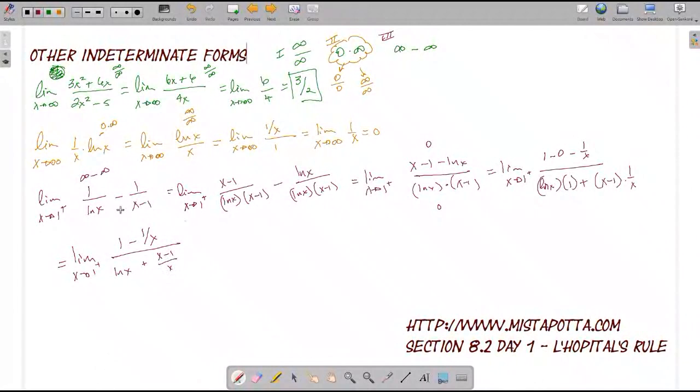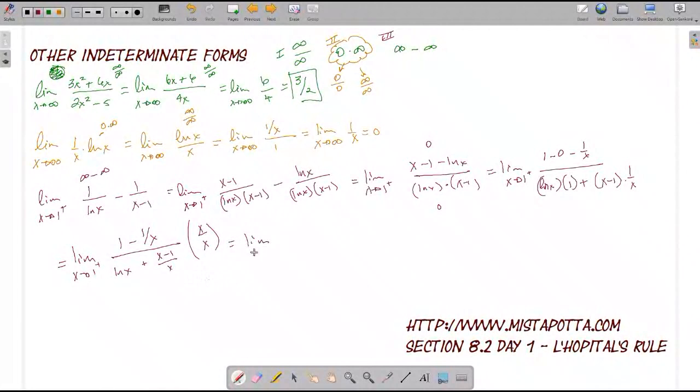And this looks pretty complicated, but if I were to multiply the top and bottom by x, that actually gets rid of all of my fractions.